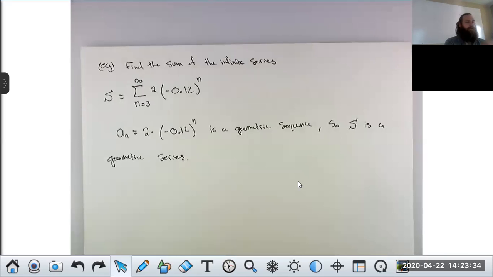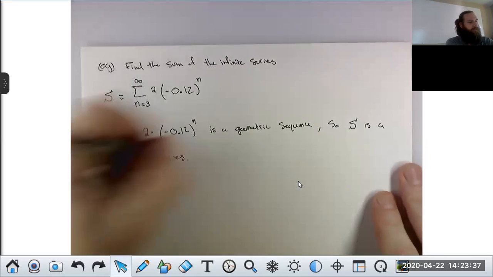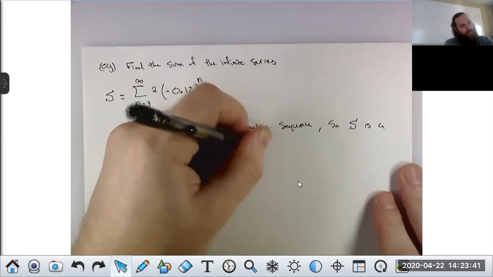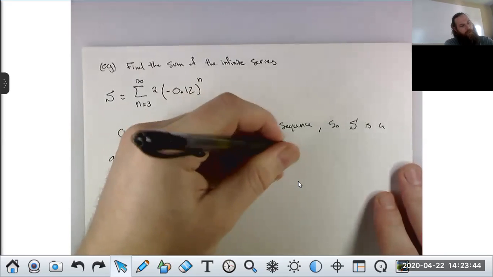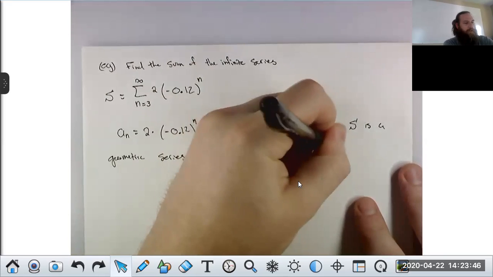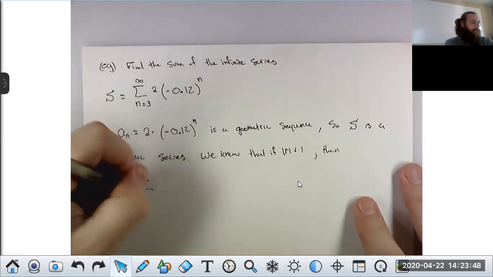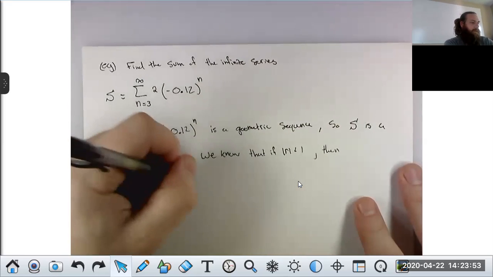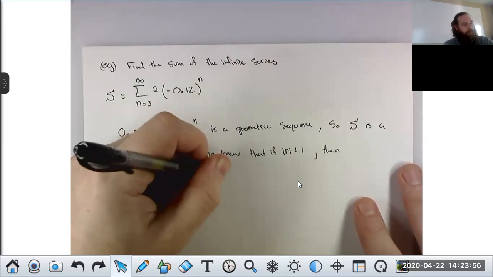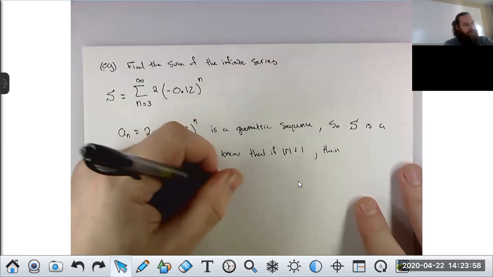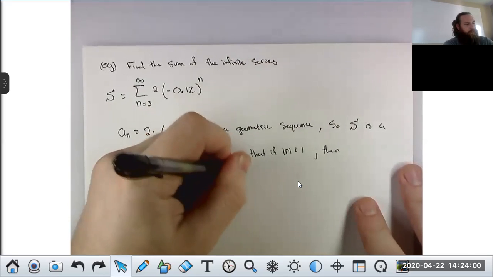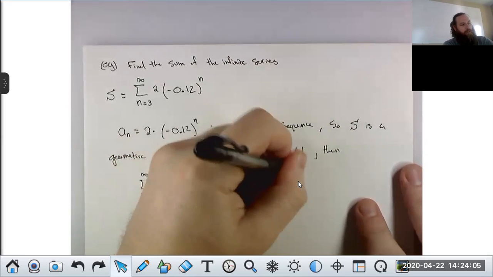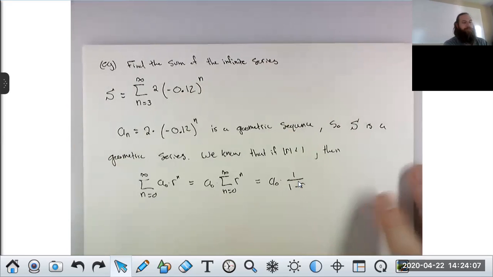We had that formula: if the absolute value of r is less than 1, then the sum from 0 to infinity of a naught times r to the n would be the same as a naught times 1 over 1 minus r.